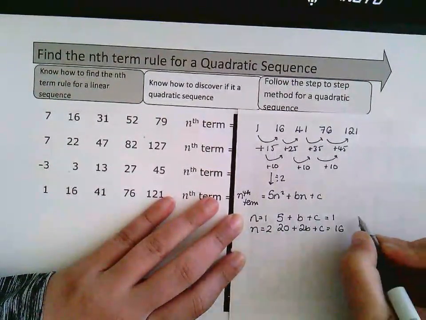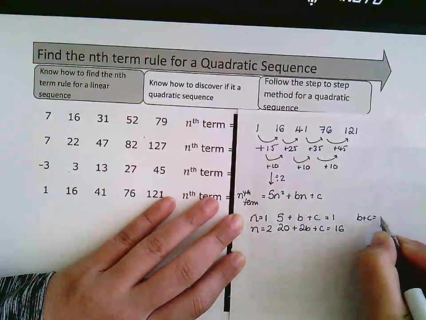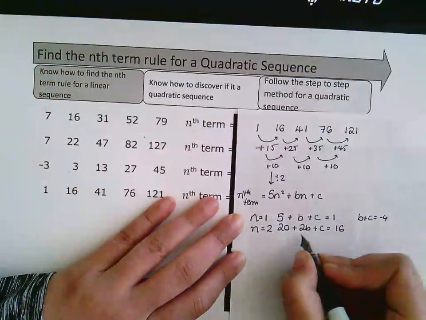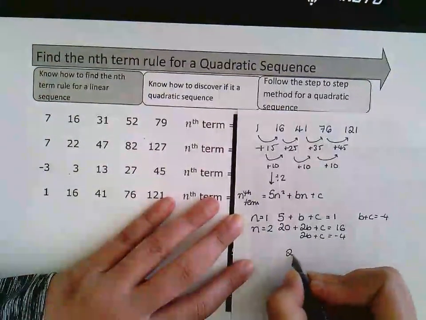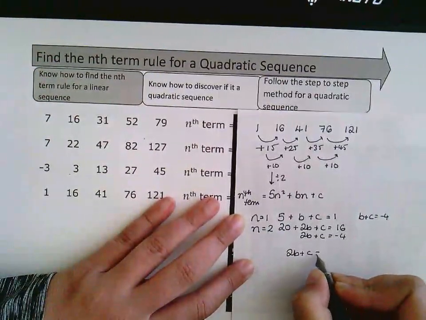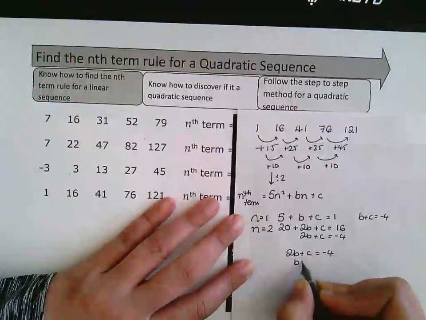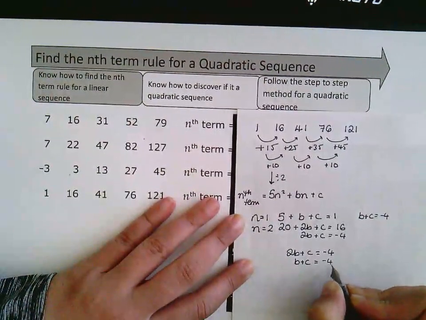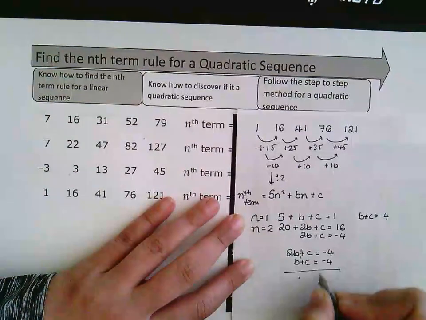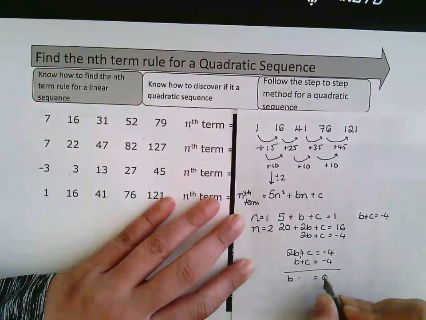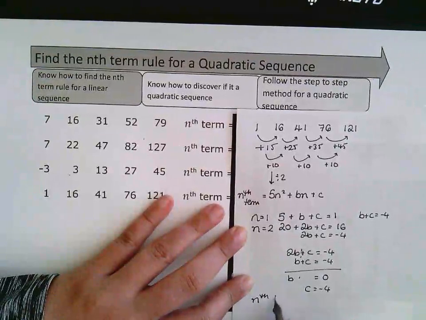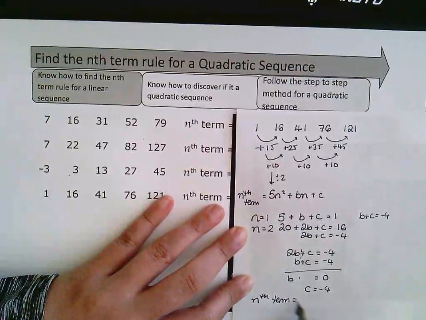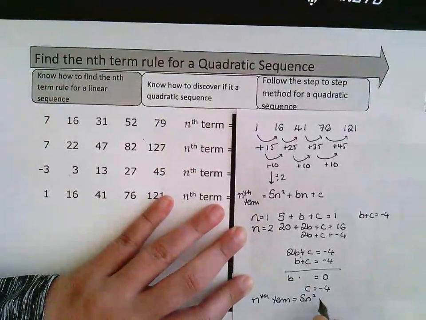Taking the 5 off both sides up here gives me minus 4, and taking the 20 off both sides here also gives me minus 4. So 2b plus c equals minus 4, b plus c also equals minus 4. We subtract the equations, so b is 0 and c is minus 4. The nth term is 5n squared minus 4.